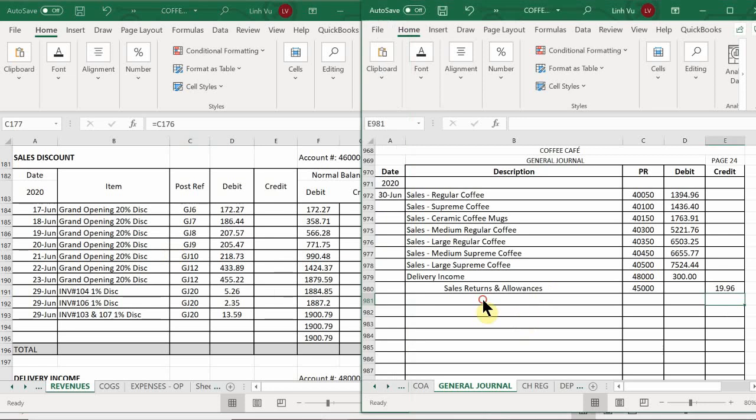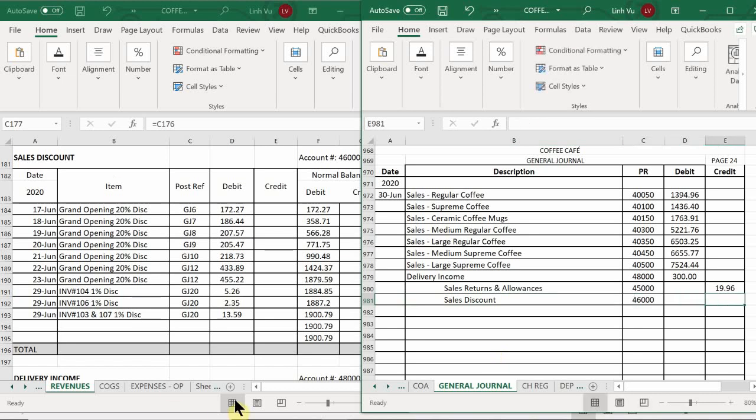Last but not least, well, actually, second to last but not least, you're going to be crediting the sales discount, which is account number 46,000. Okay.